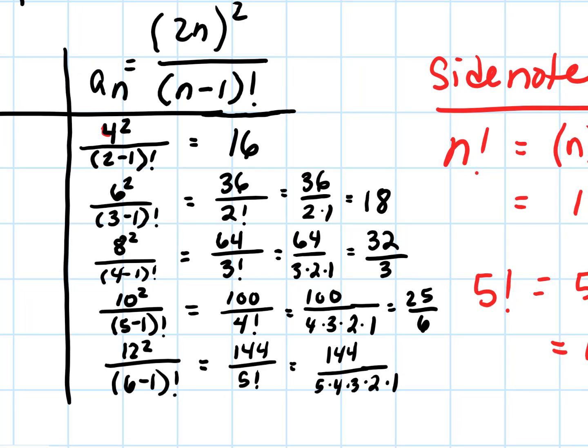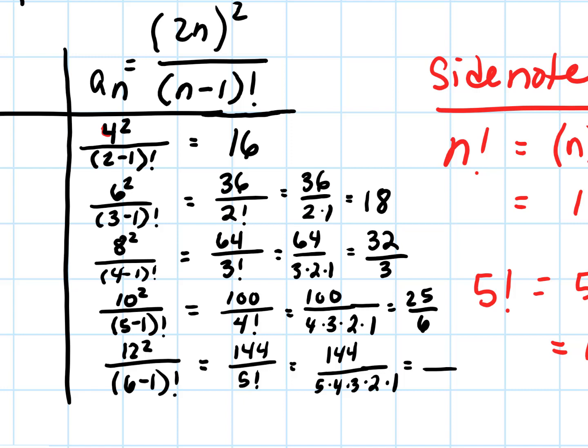and let's see there, 144, let's reduce this, so 72, and then doing the 2, let's keep reducing, and then another 2 would go into that, 36.